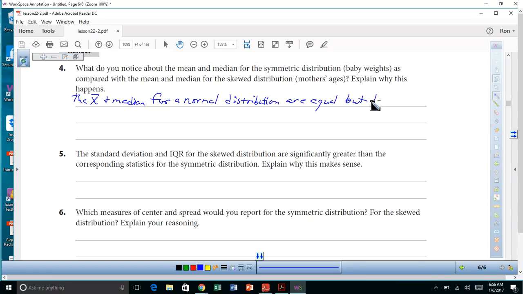But the mean and median for a skewed distribution are not.